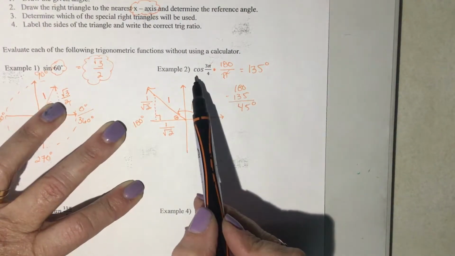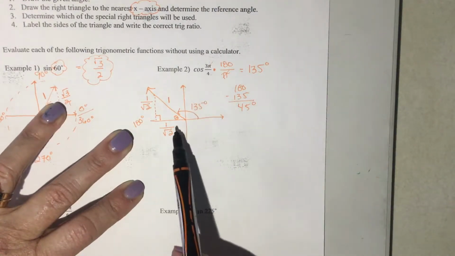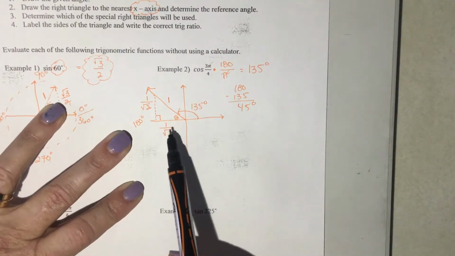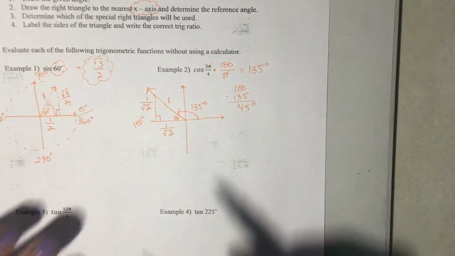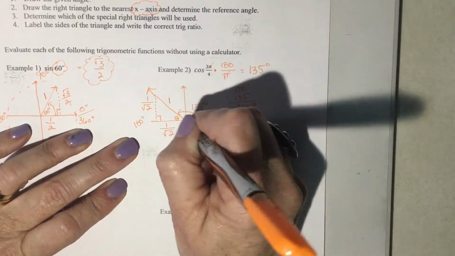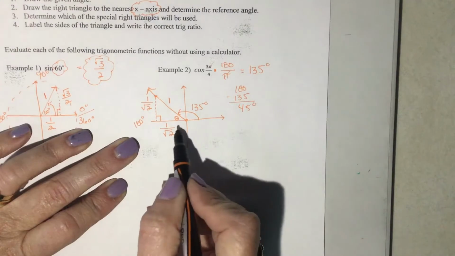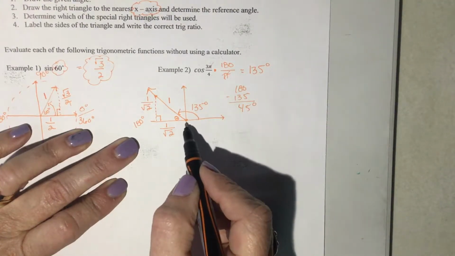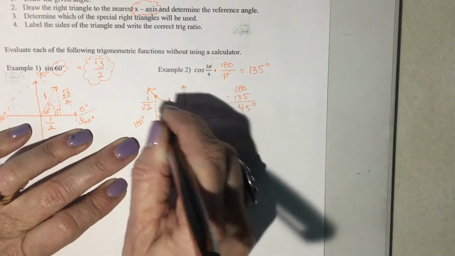I'm looking for cosine. Well, let me back up for a second. I need you guys to understand the purpose of what we're doing. If the hypotenuse on this 45 is 1, that means this length from here to here is 1. So this 1 divided by square root of 2 is also a length, from here to here, when the hypotenuse is 1.